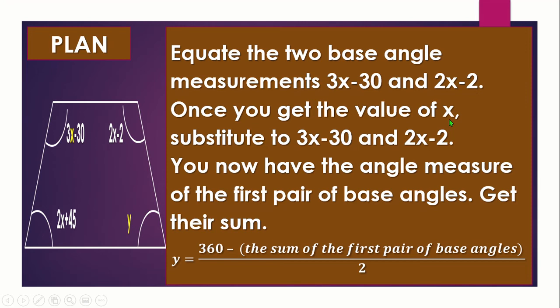Once you get the value of x, substitute to 3x minus 30 and 2x minus 2. You now have the measure of the first pair of base angles. Get their sum, and then y is equal to 360 minus the sum of the first pair of base angles over 2.